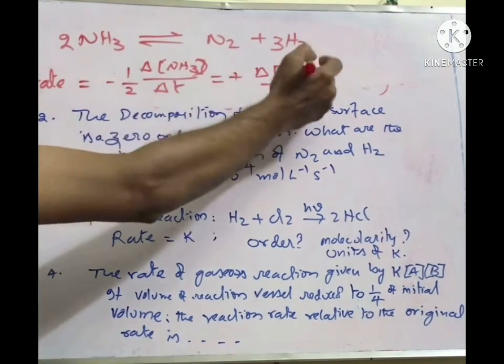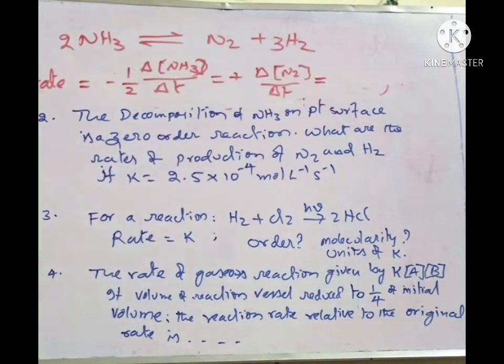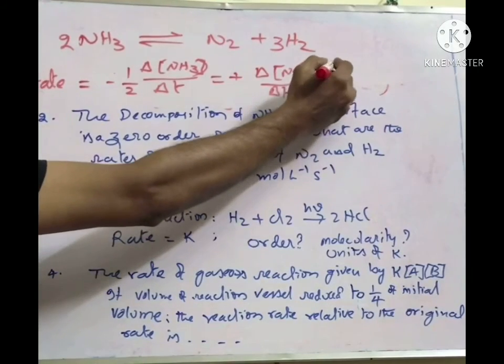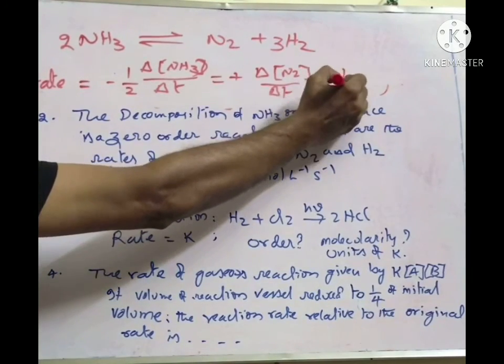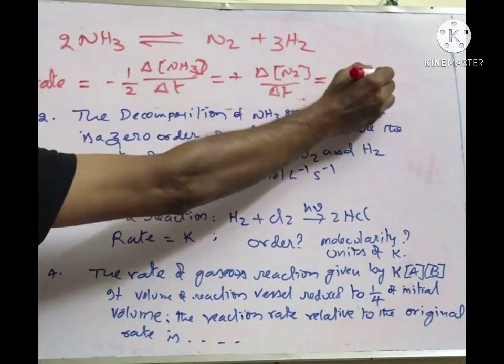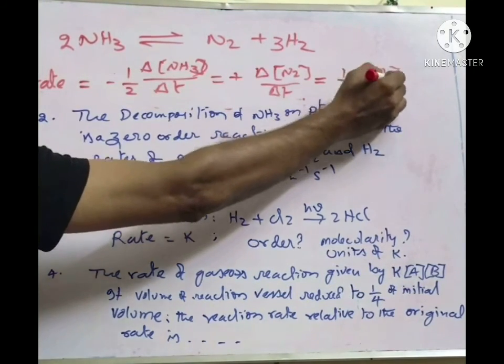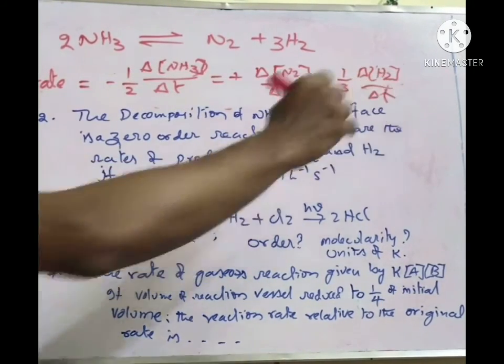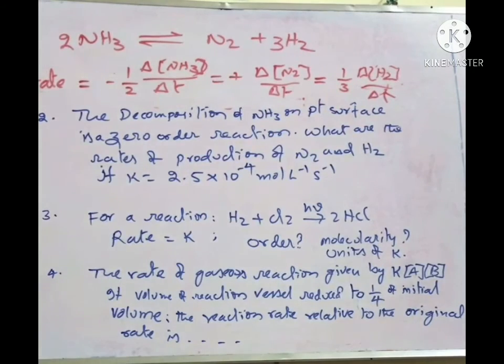The same rate with respect to hydrogen can also be written. So what will it be? 1 over 3 delta H2 concentration by delta t. This way we can write the reaction rate.